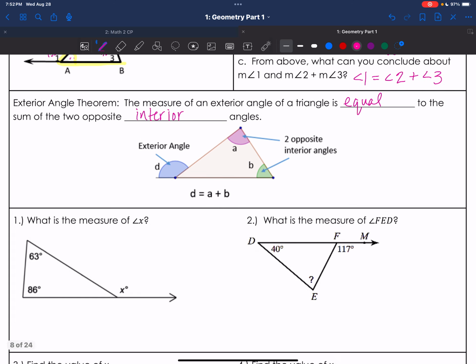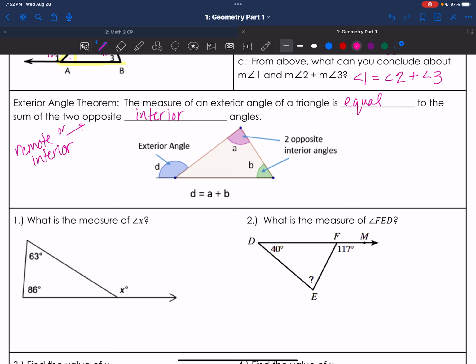Okay? So the exterior angle theorem says the measure of the exterior angle of the triangle is equal to the sum of the two opposite interior angles. Sometimes you'll see it called remote interior, but same thing. Instead of opposite interior, it might also be remote interior, either or.